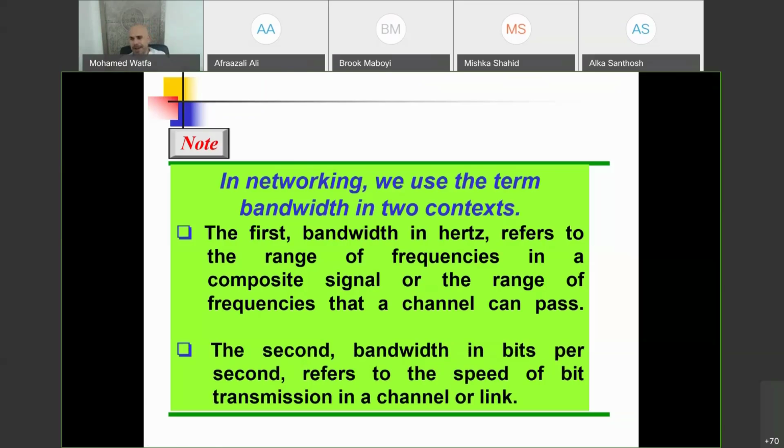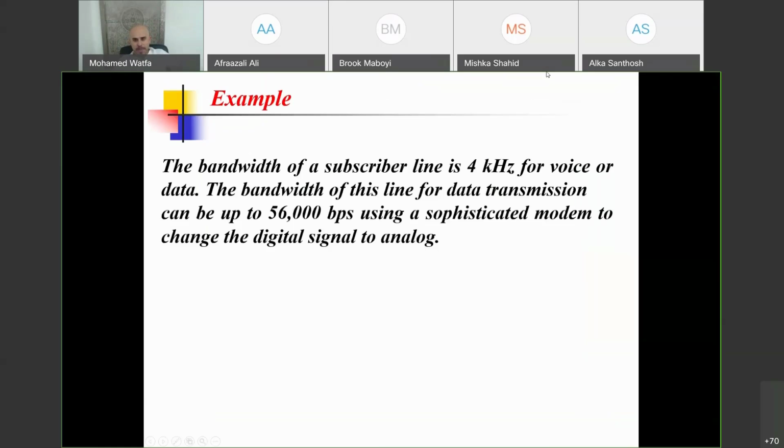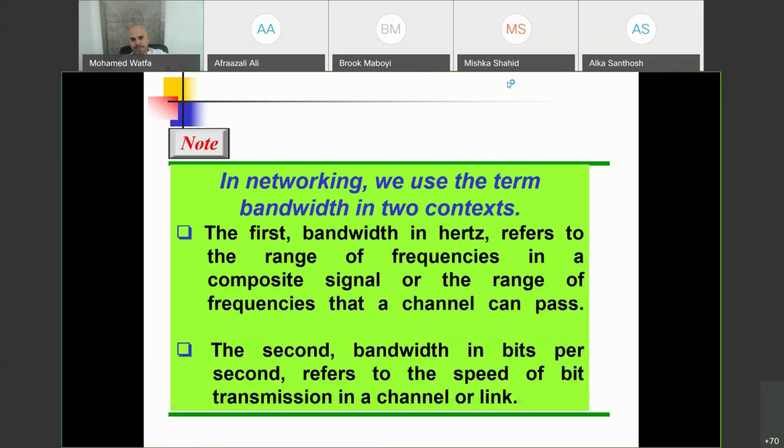How many bits per second am I allowed to send? Here we talk about signals, hence it's analog. Here we talk about bits per second. Bits. Zeros and ones.